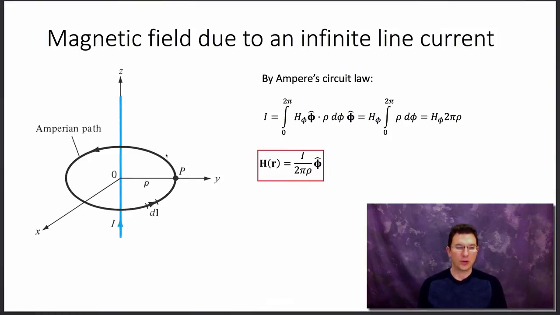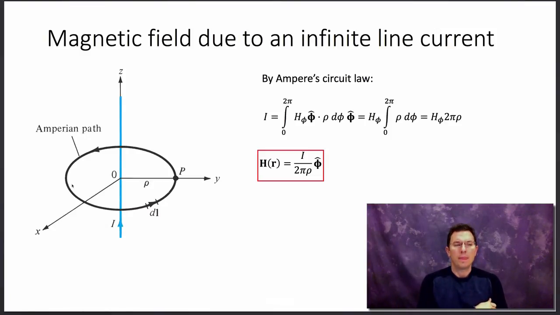Any circle enclosing the wire, so long as the radius is the same, is going to look the same. The field is going to look the same no matter where we are around here. And that's because of symmetry, simply put.